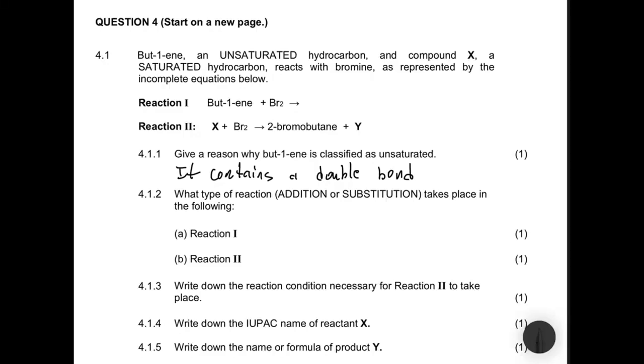Reaction 1, we have but1ene plus bromine, right? Because this organic compound here is unsaturated, it can only go under addition reaction, right? And then now we can move to reaction number 2. Reaction number 2, we have X, which is said to be a saturated hydrocarbon, right?